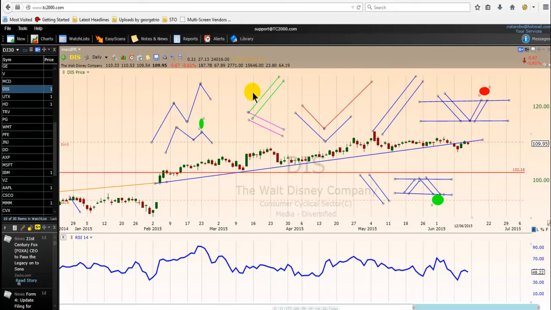We are looking for the second type of divergence, which we discussed in part 2, when the financial instrument is in a rising channel but the indicator is in a declining channel. In this case, because we are talking about a bullish divergence, the price is in a declining channel but the indicator is in a rising channel.